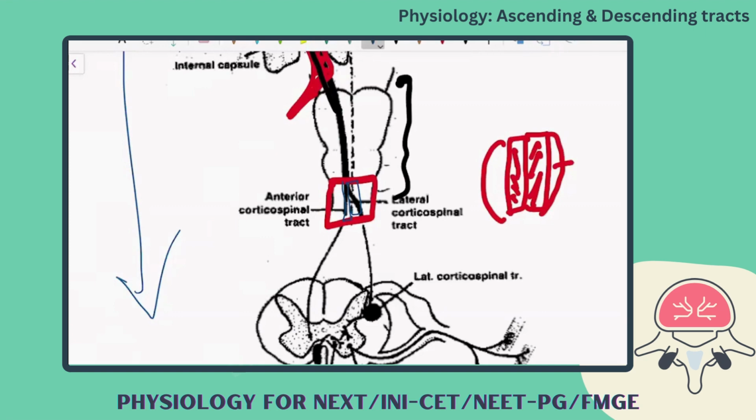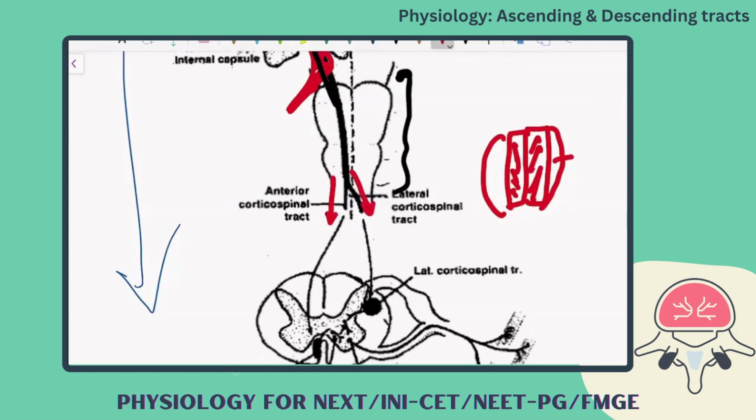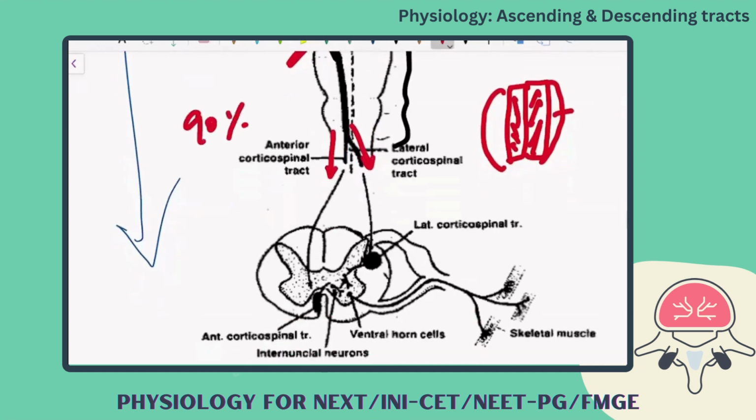If you are not able to move your left arm, then it means that there is a defect in the right side of your brain. Because before the level of the spinal cord, at the level of the medulla itself, there is crossing of fibers. Okay, clear? So this is what you have to remember. And also see over here, some fibers are on the same side and some fibers are crossing. That is, 90% of the fibers will cross, only 10% do not cross. Okay, so that concept you remember.